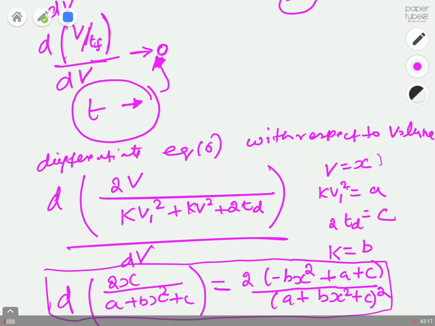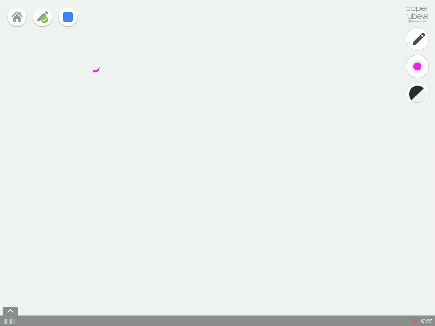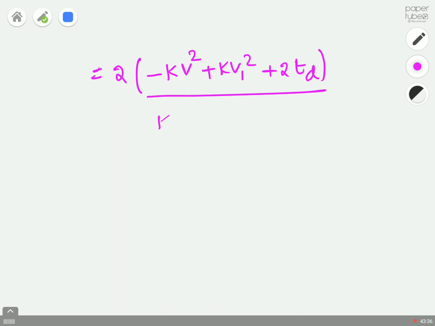Now substitute all these values back into this expression. You will get 2 minus kV square plus kV1 square plus 2 TD, divided by kV1 square plus kV square plus 2 TD, that's equal to 0.